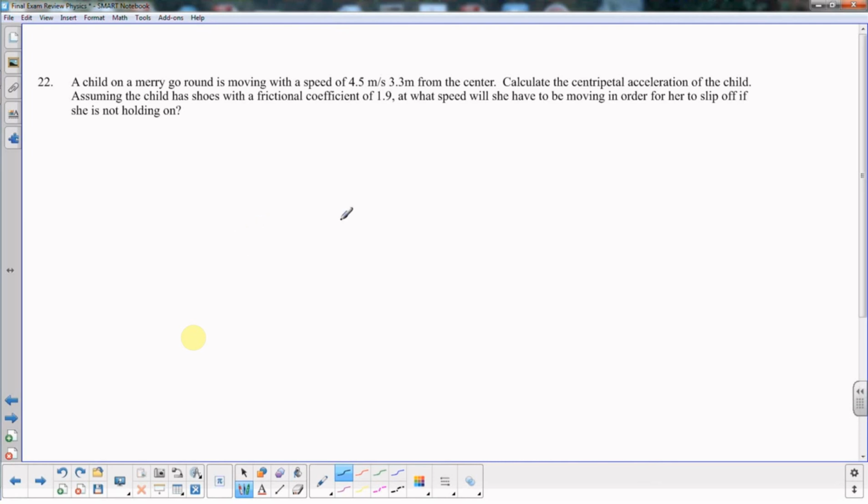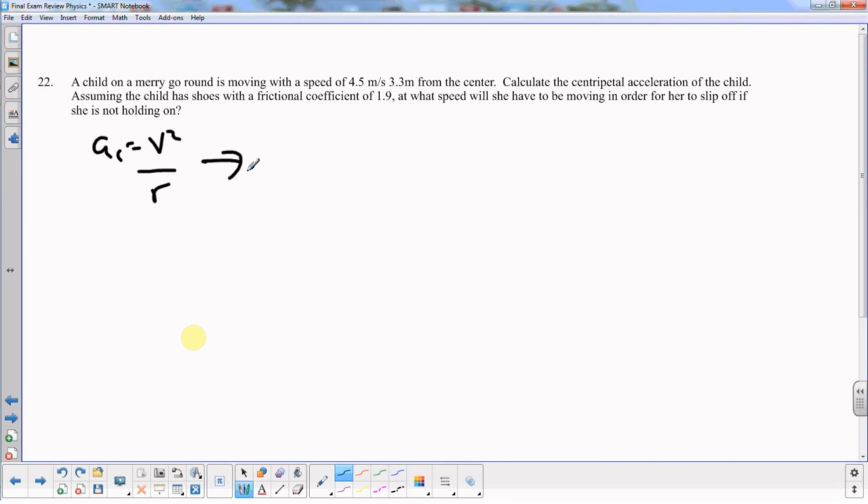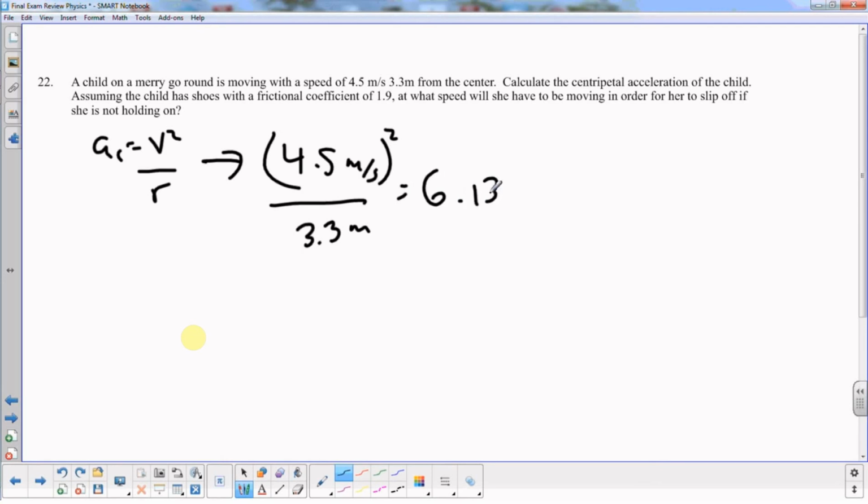So first off, AC equals v squared over r. 4.5 meters per second, all squared, over 3.3 meters. So 6.13 meters per second squared, 0.6 Gs. Cool. So there's the centrifugal acceleration.